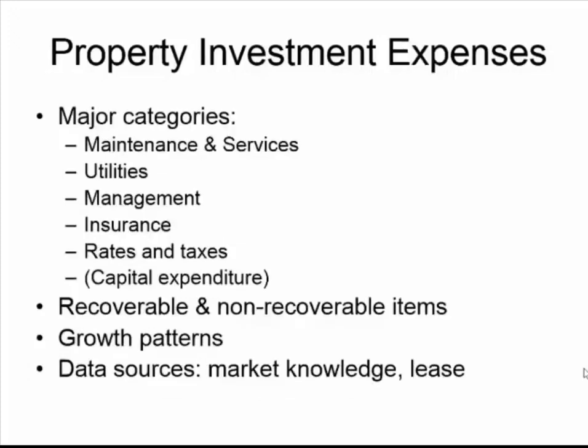When we look at expenses, again we can look at the domestic investment, say a housing or dwelling investment property, and that really gives us most of the major categories. So we're going to be looking at maintenance, utilities, management, insurance, rates and taxes, and perhaps an allowance for capital expenditure.